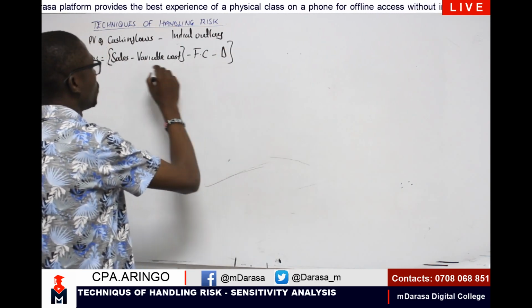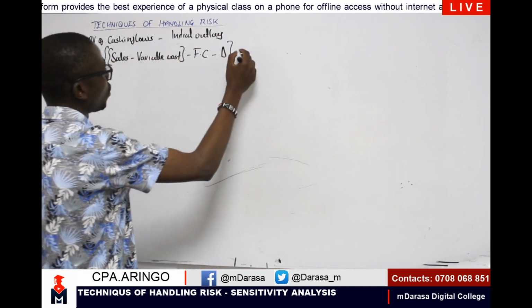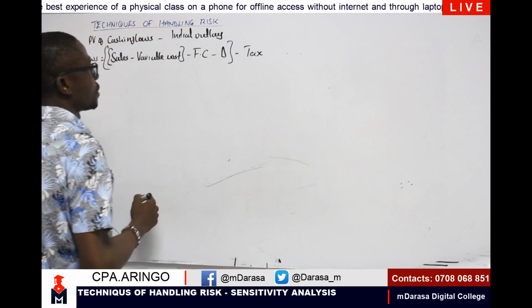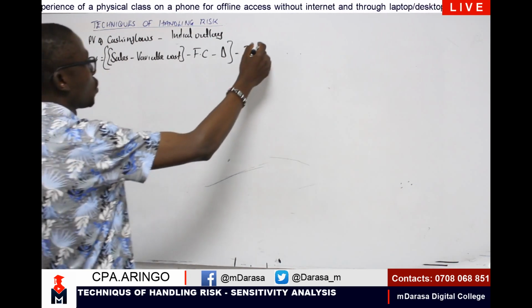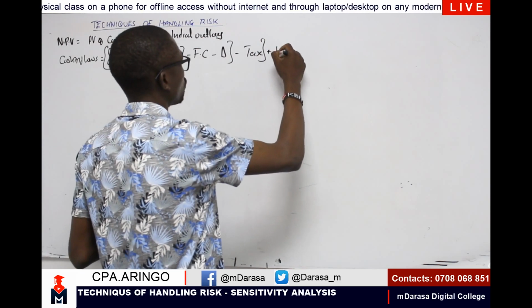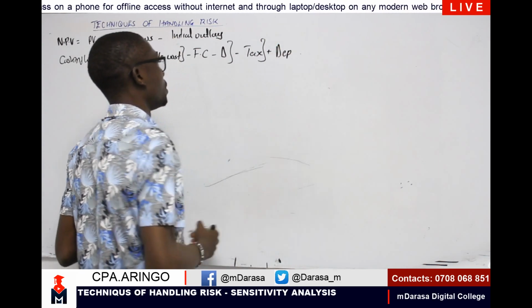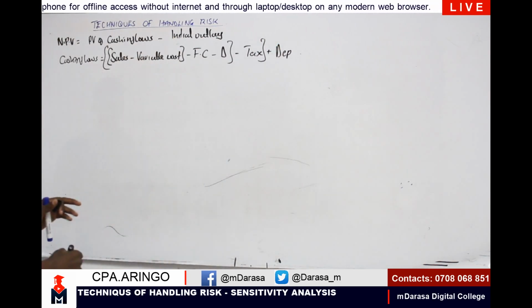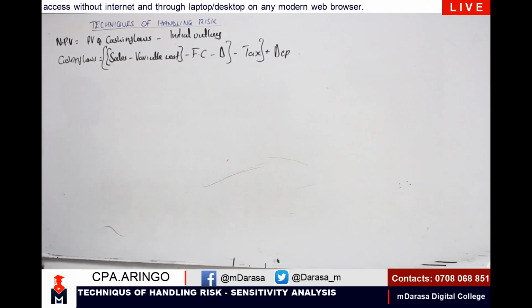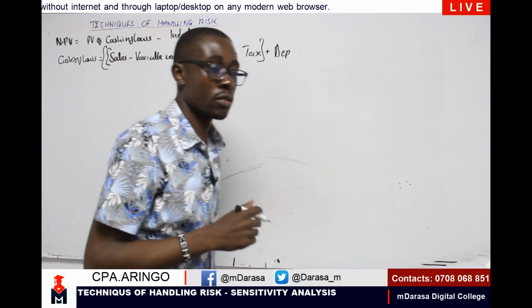After all this, we deduct our tax, right? Then after we have worked out all these components, you're going to add our depreciation back. This should give us our net annual after-tax cash flows, right?